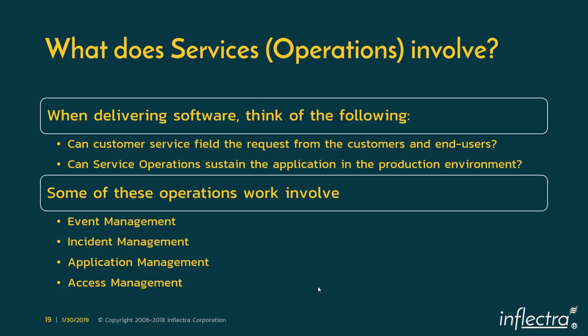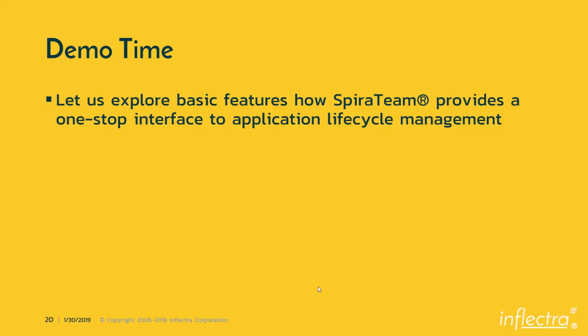Now, when you ask these questions, some of these operations may actually be creating requirements around event management, incident management, application management, and access management. This is not a complete list, but just some of those operations. A good application development lifecycle tool should therefore enable all these 5 principles that we discussed.